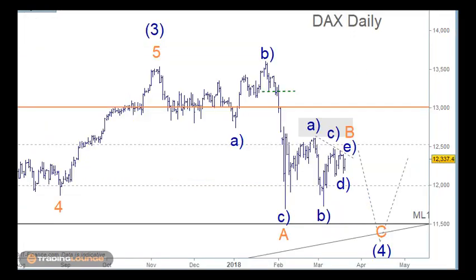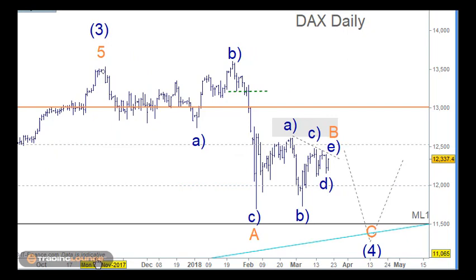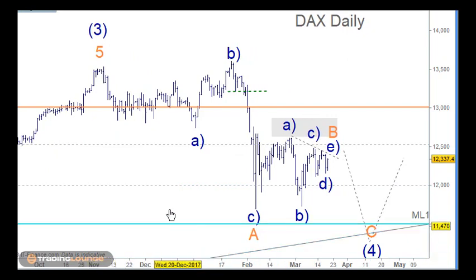So with that in mind, let's look at the DAX here. We're looking at intermediate wave 3 and an A and a B and a C for the A wave. And then from the A wave to the B wave here, we're looking at a triangle pattern.